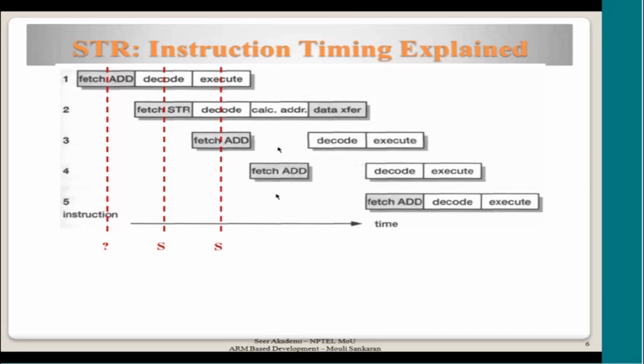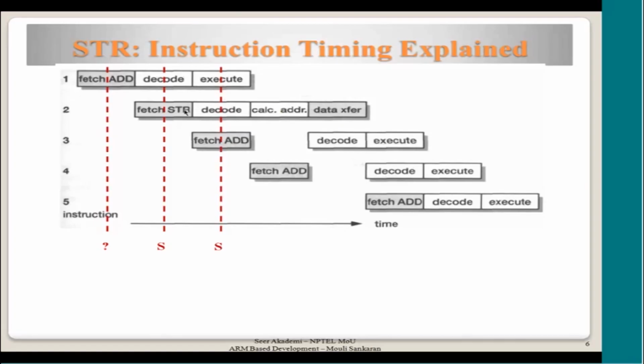Now isn't it true here that this is also accessing the following instruction? Now you may wonder, how is it accessing it now? Because this instruction is completed, it is exiting the execute stage. So now our STR instruction is entering the execute stage, and the decode stage is busy calculating the transfer signals meant for data transfer.